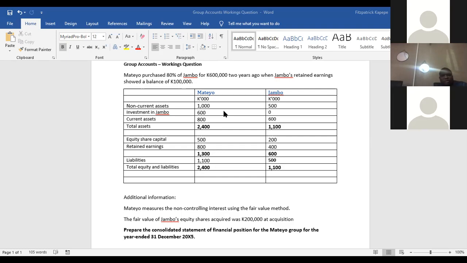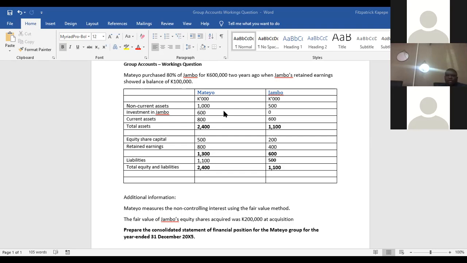What else do we have? Equity shares 200,000 at acquisition.